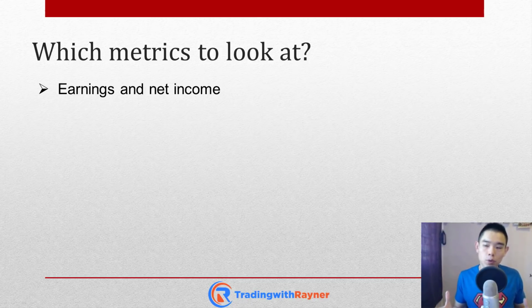Why is that? As mentioned earlier, when you look at qualitative fundamental analysis, most stock traders just don't have the skill to analyze the company to know what is the noise and what is the signal. But one thing they can do to shortcut their screening process is by looking at earnings and net income. Why?